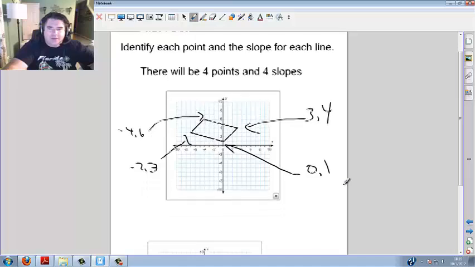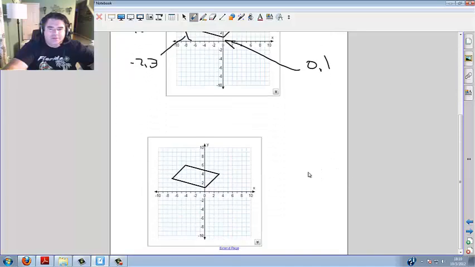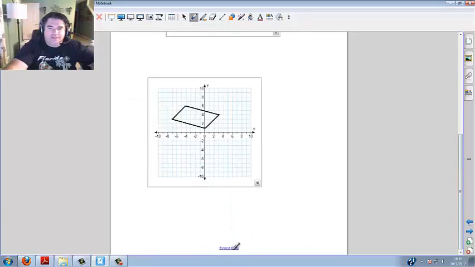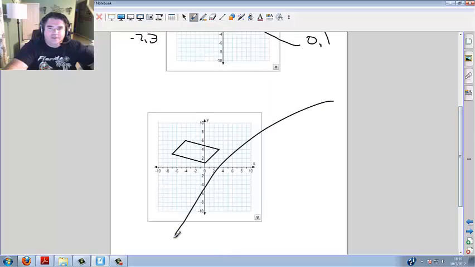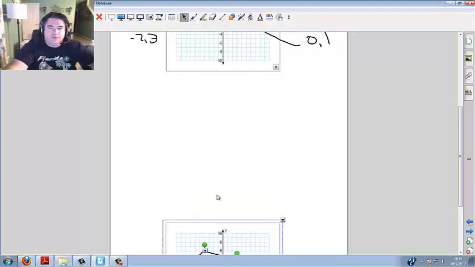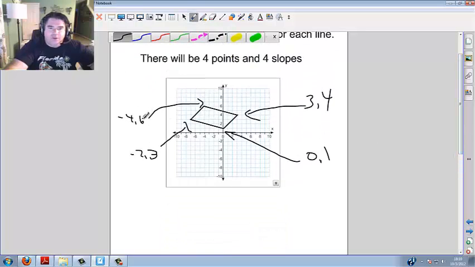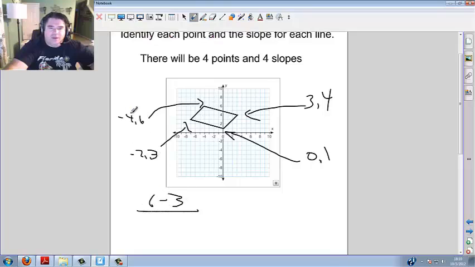Let's go ahead and take a quick examination. You'll notice, I just have the same thing, which is kind of odd, but okay. Let's move these out of the way. Let's go ahead and take y2 minus y1, 6 minus 3, and x2 minus x1, negative 4 minus negative 2.